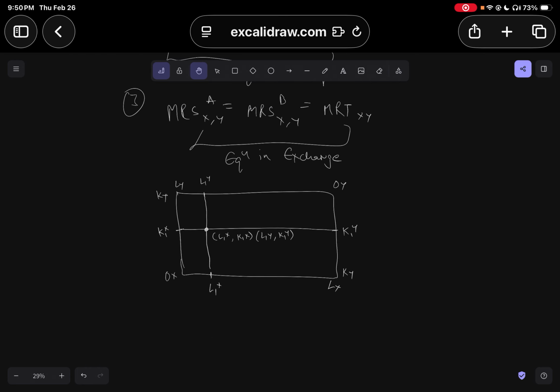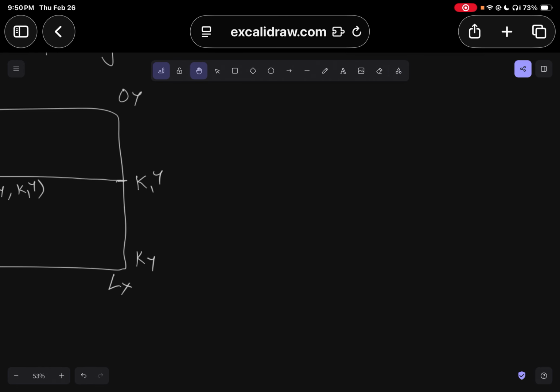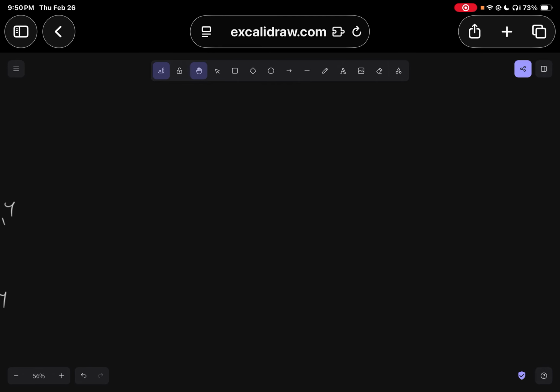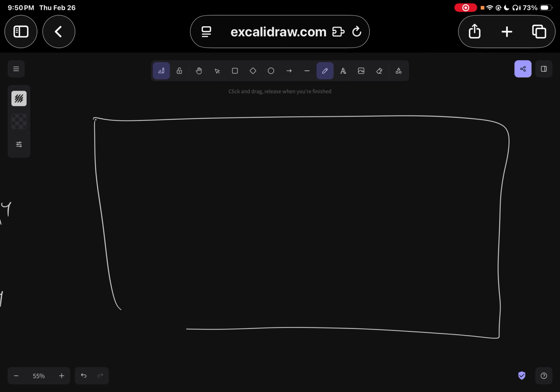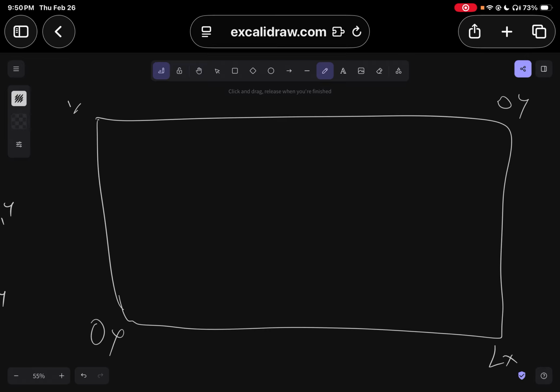Let's move on to showing the Pareto points. Similarly OX, OY, LX, KX, LY, KY, and these are the curves.